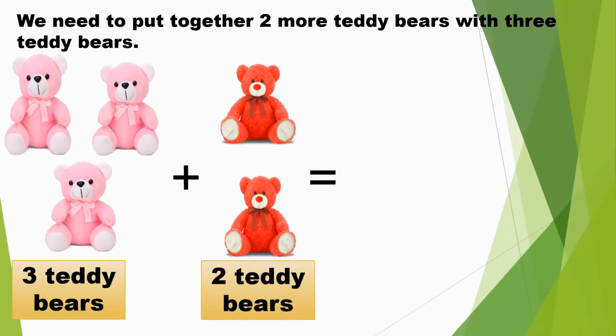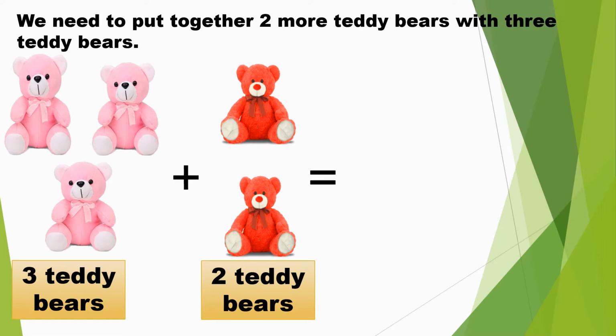So I need to put together 2 teddy bears with the 3 teddy bears. So how can I do that? Putting together means addition. When I put 2 teddy bears with 3 teddy bears, that means I need to add 3 teddy bears with 2 teddy bears. That is the addition symbol, and this is the equal to sign.